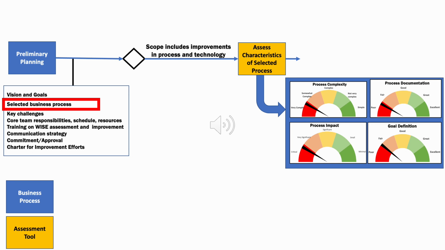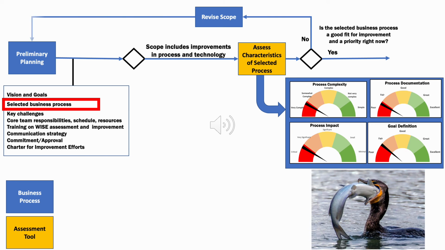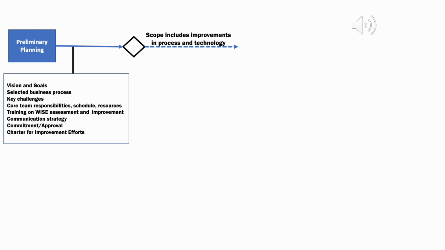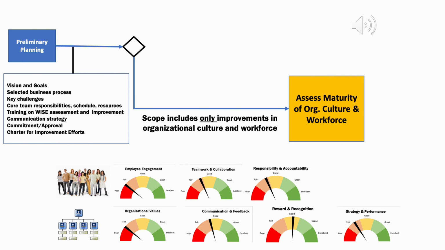So we might want to adjust the scope. For example, start with a simpler sub-process and use an incremental approach. In another case, a utility may decide to focus only on the issues related to workforce and organizational culture across the organization and not focus on a specific business process.